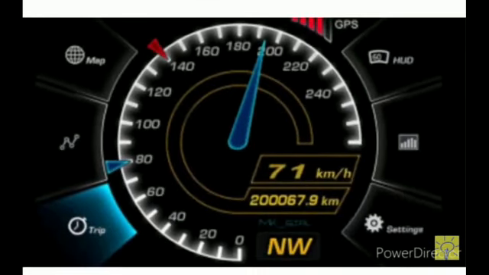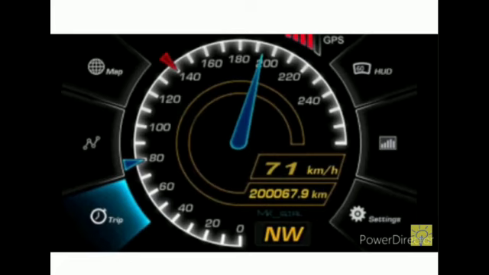So after a certain time, when the speedometer needle comes to 140 meter per second, we will note that instant, and that type of velocity at a specific instant or specific position is known as instantaneous velocity.